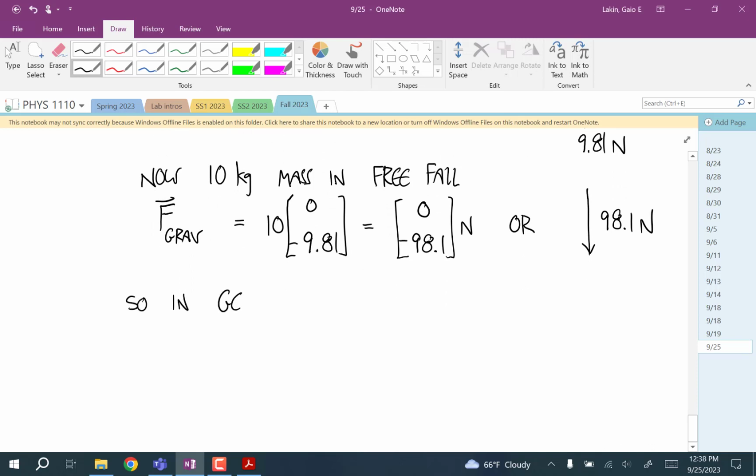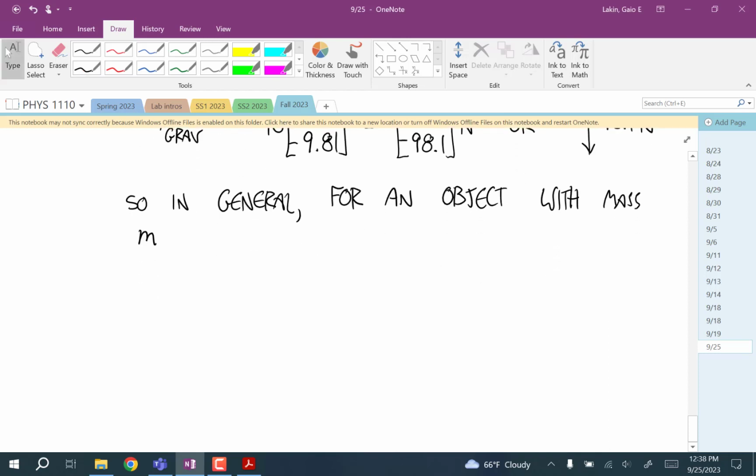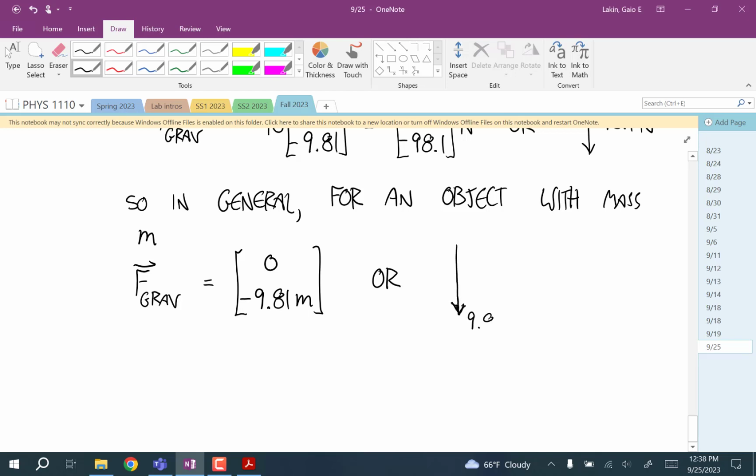So in general, for an object with a mass of m, the gravitational force vector is 0, negative 9.81 times m in the y direction. Or 9.81 m down.